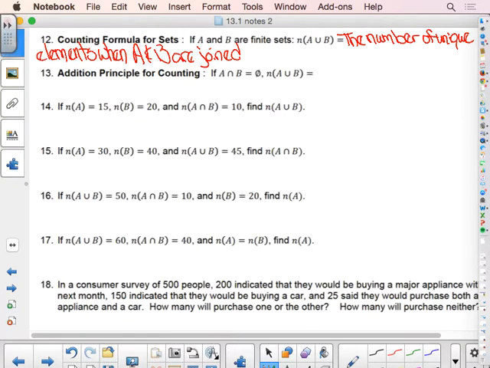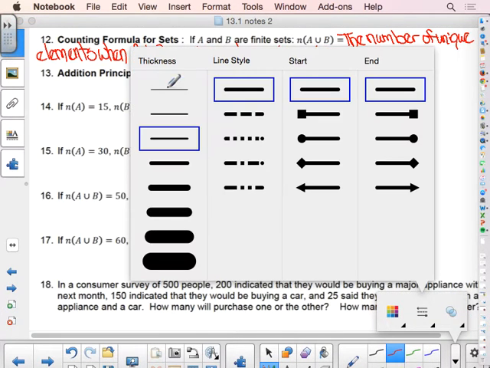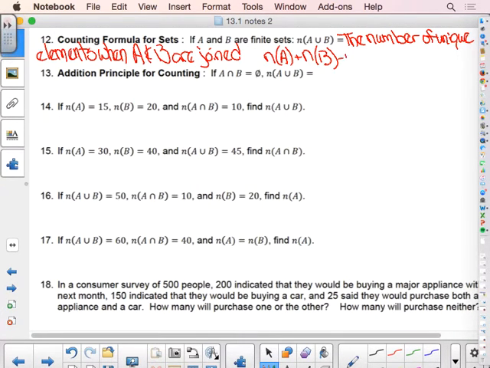What that looks like is the number of elements in A plus the number of elements in B minus the overlap, the number of elements in A intersect B, will give me the number of elements in A joined with B.